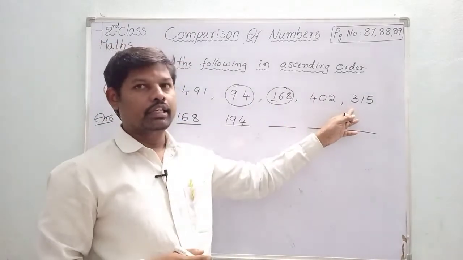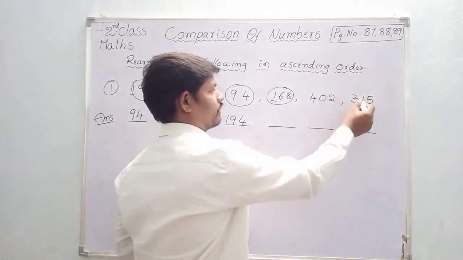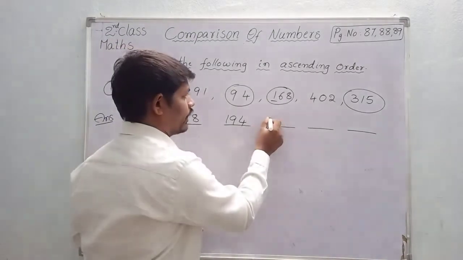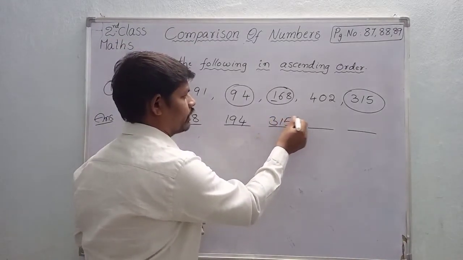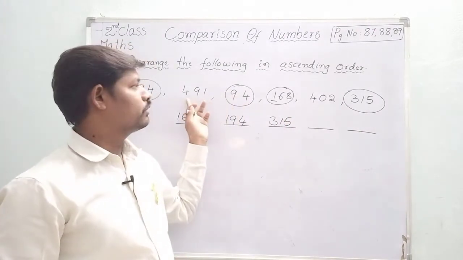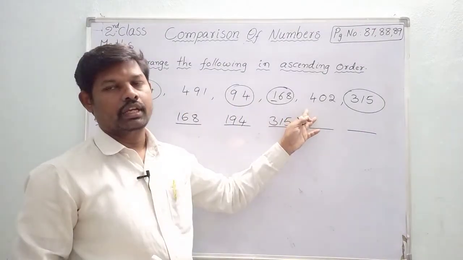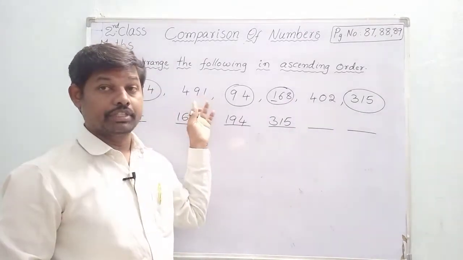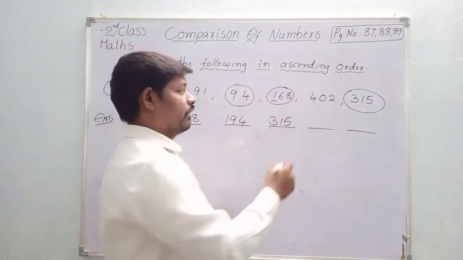Here only 3. So this is the fourth number. 3 is smaller than 4. That is why let us write 315. Next we have only two numbers. Here 4, here also 4. Tens place, if you observe, here is 0, it is 9. So it's a big number. This is a small number, right?